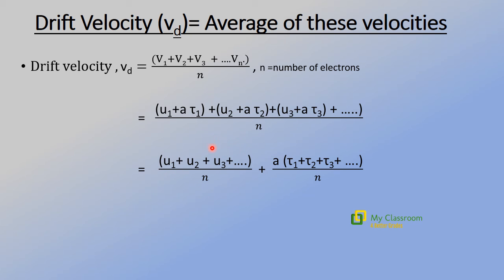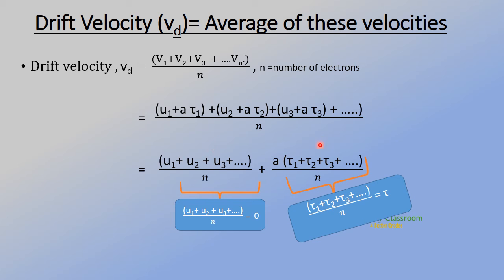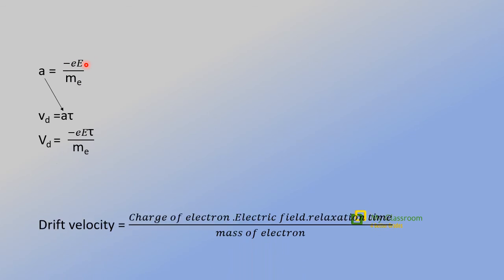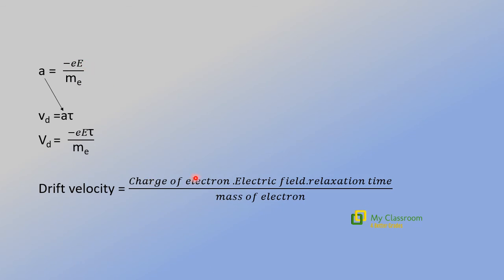We assume the average of τ1, τ2 and so on is τ. So we get the equation for drift velocity as acceleration into τ, and for acceleration we substitute small e into capital E by mass of electron. We get the drift velocity as the charge by mass ratio of electron into electric field into relaxation time τ.